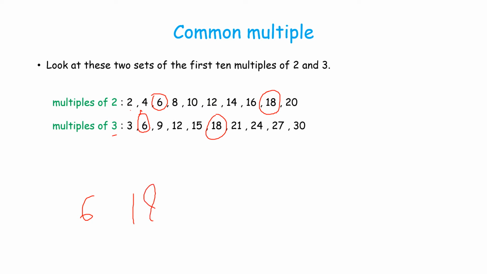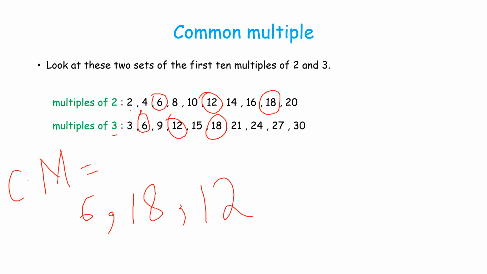So 18 is the next common multiple. Then 12. 12 is also a common multiple because it is a multiple of both 2 and 3. Yes, these three are the common multiples of 2 and 3.